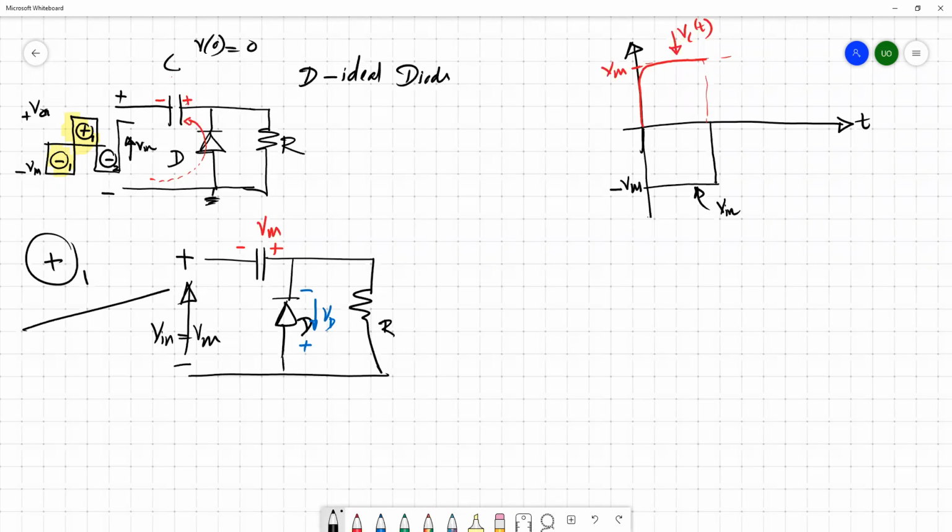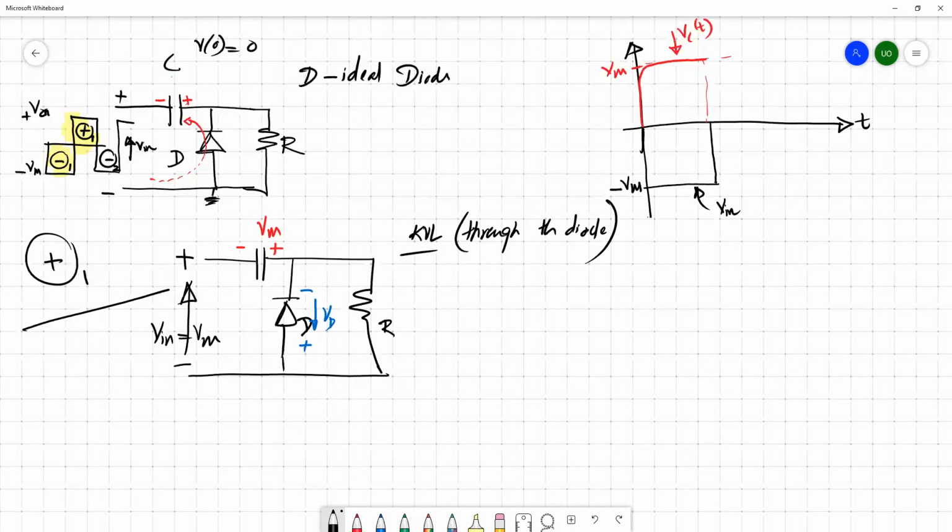We'll apply Kirchhoff's voltage law for this part, the capacitor, KVL through the diode, to find the exact voltage appearing across the diode.